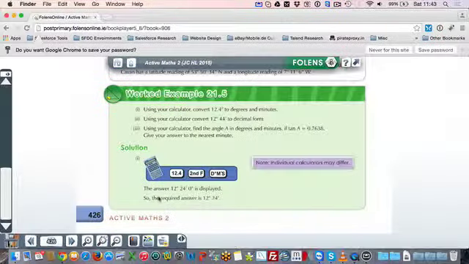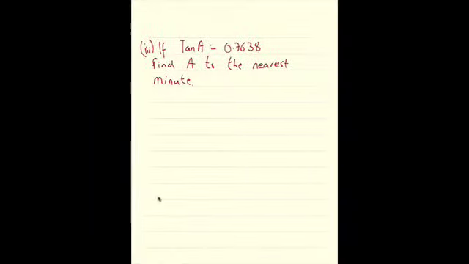Right, okay, see this one here. If tan of A is equal to 0.7638, find A to the nearest minute.